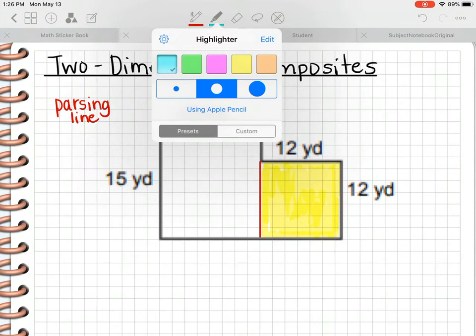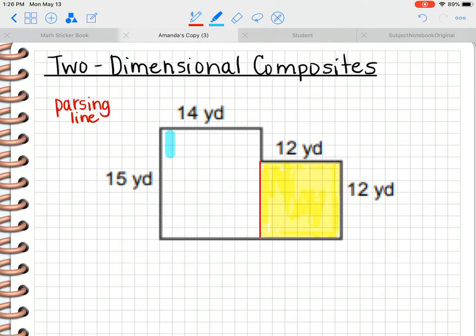And then in this side of the problem, let me see if I can color a little faster. We have a rectangle. And all the parsing line does is divide those two into sub-shapes, or smaller sections of the bigger shape. And this is a good illustration of what composite means.